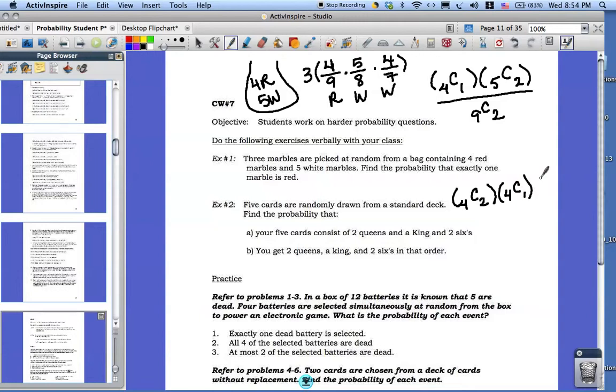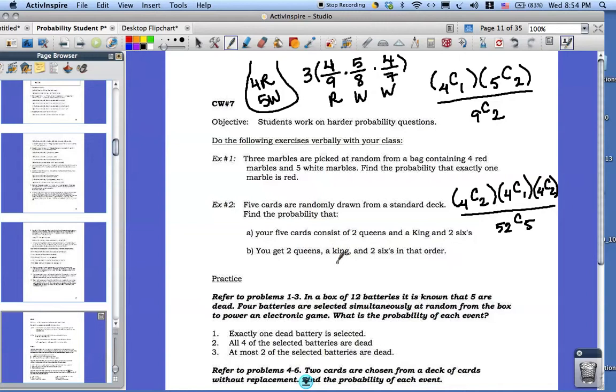And 2 sixes would be 4C2. That's the numerator. And in the denominator, it's all of the ways of choosing 5 cards out of the 52 where order doesn't matter, which is 52C5. That's different than part B here, where the order does matter.